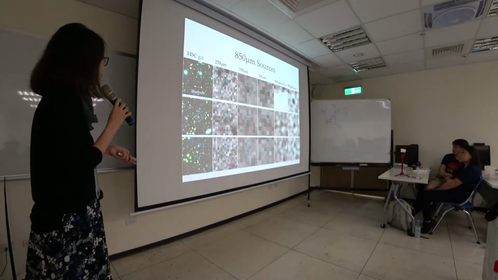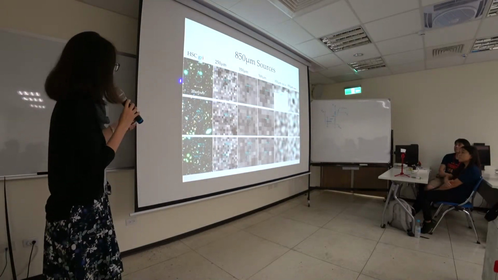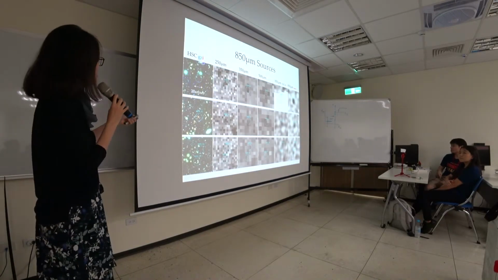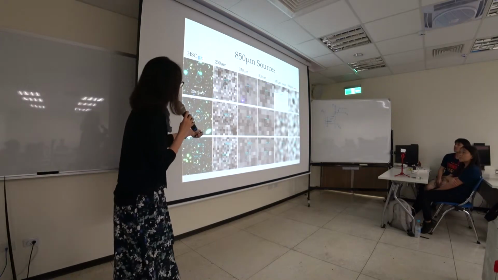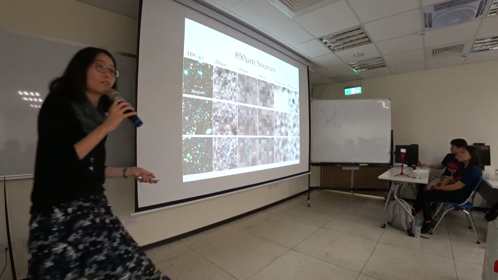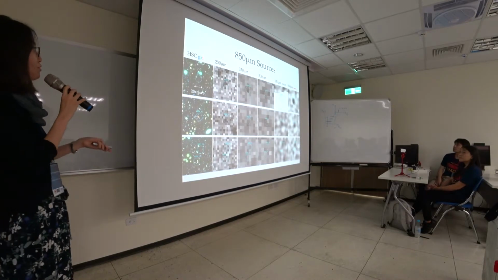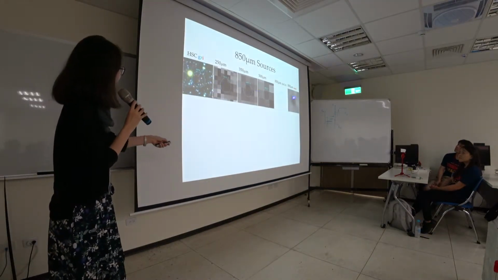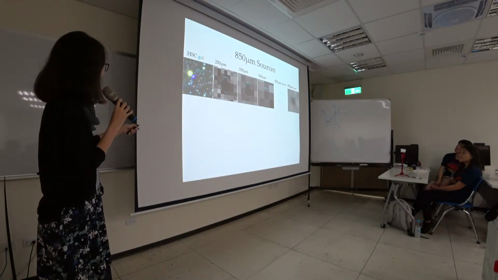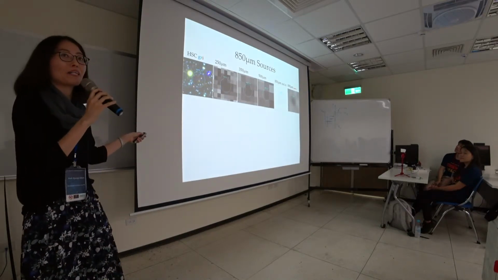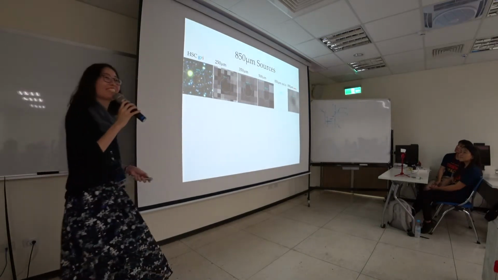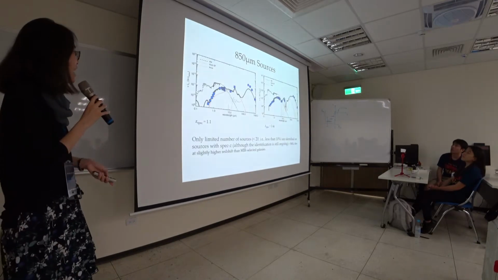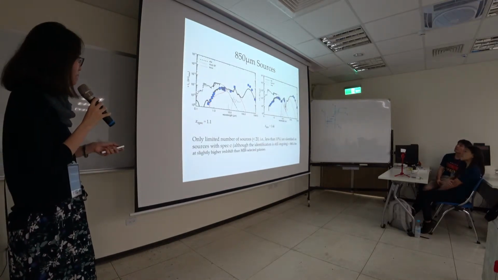So you can see this is the optical HSC color composite image, the Herschel sources, and the 850 micron SCUBA-2 images. As you see, you need to identify which of these many sources are responsible for these submillimeter sources.